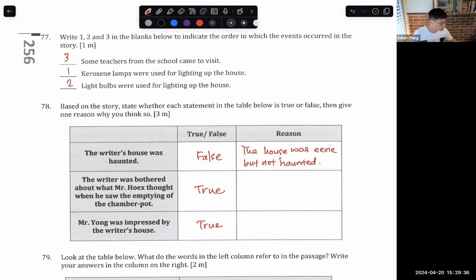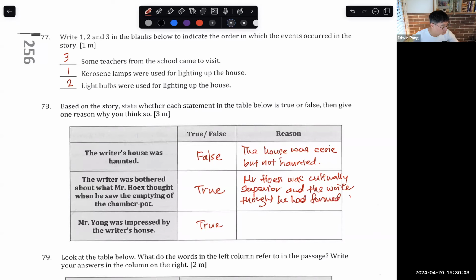So what bothered the writer? The writer saw Mr. Hooks as culturally superior. We see this in the text, that the writer believes Mr. Hooks is culturally superior. And the writer thought he had formed a bad impression because of what he saw with the chamber pot.